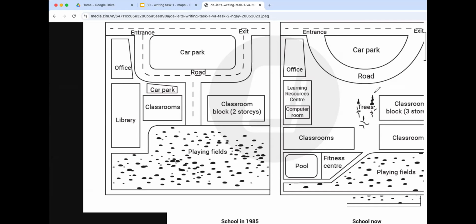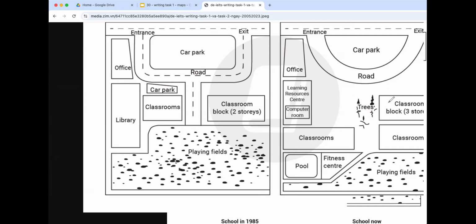It has changed, even the shape and also the size, the size of the car park. Okay, what else? Small street for classroom.